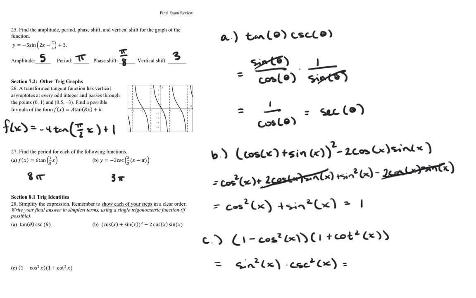And cosecant squared of x can be written as 1 over sine squared of x. So I have sine squared of x times 1 over sine squared of x, which just gives me 1.